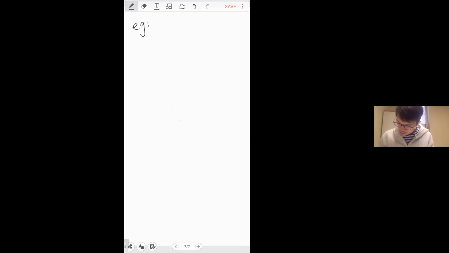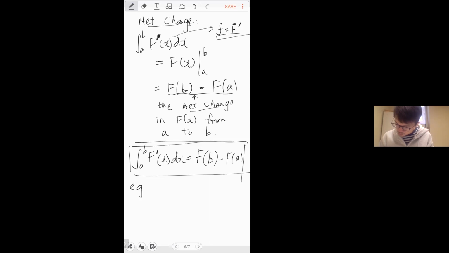Okay, and maybe one quick example is the following. So let's say your v of t is your velocity. So what is the integral of the velocity from, let's say, a to b? What does it mean? What does it mean in, I guess, in physics?